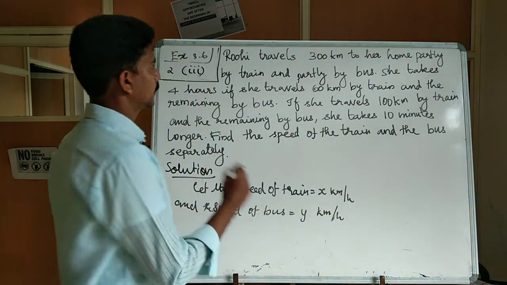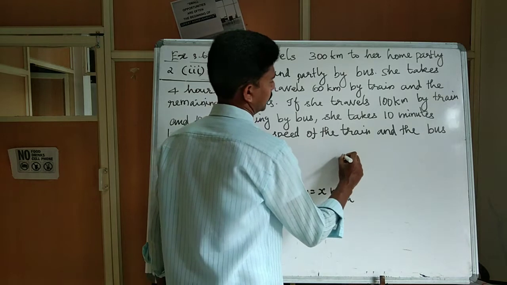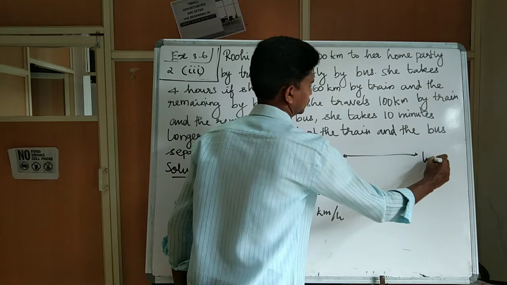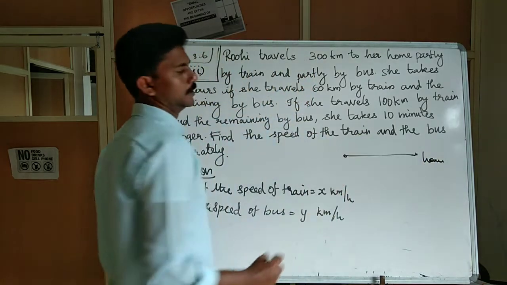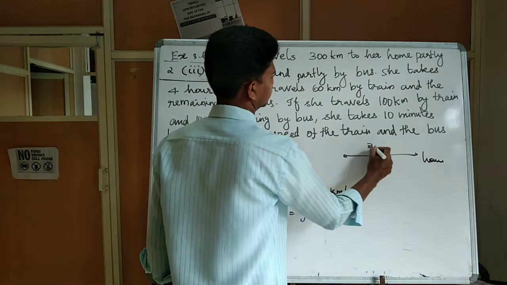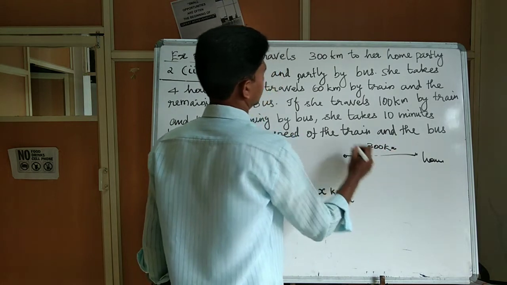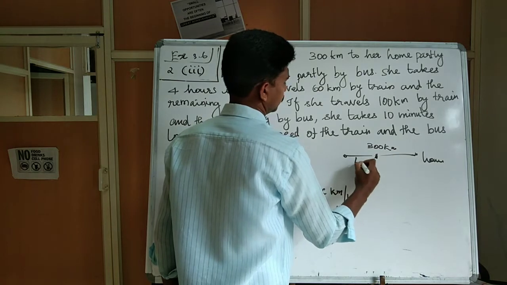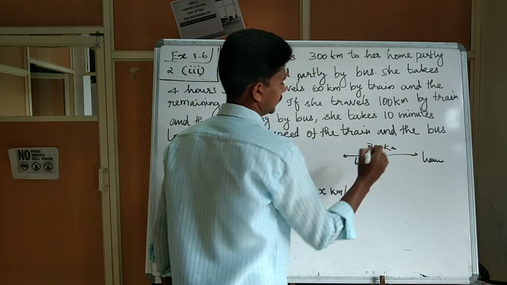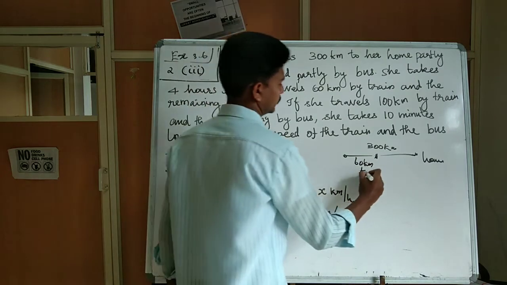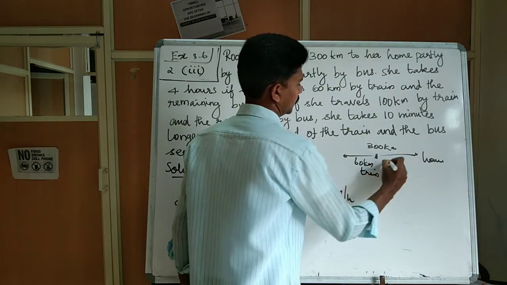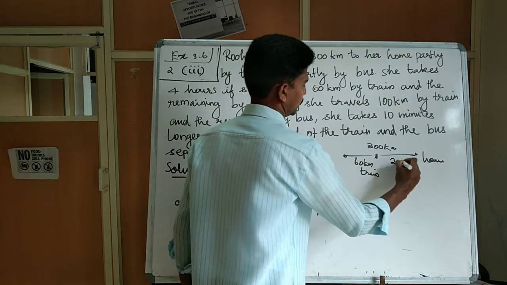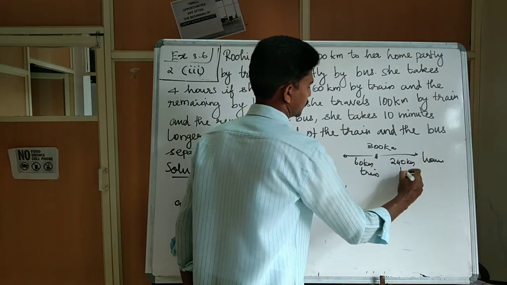Okay, the two cases. Ruhi starts from one place to her home. The distance she travels is 300 kilometers. In the first case, the first 60 kilometers by train, and the remaining, 300 minus 60 is 240 kilometers, by bus.